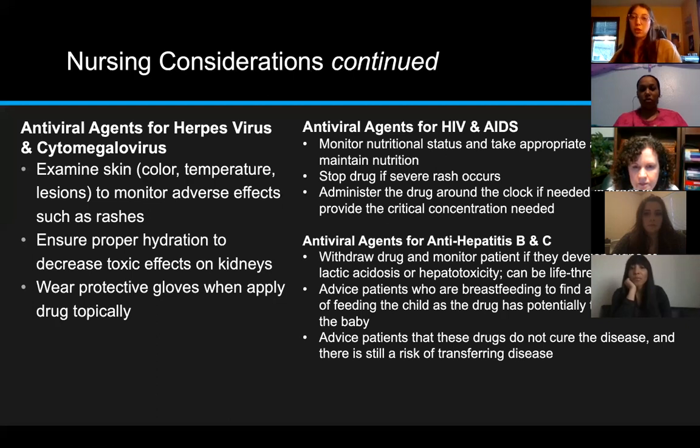Signs of this include a smelly, fruity breath, confusion, jaundice, trouble breathing, and exhaustion. Also advise your patient, if they are breastfeeding or plan on breastfeeding, that they will need to find another source of feeding their child while taking this medication. The last consideration for hepatitis B and C is that this antiviral medication does not cure the disease, and there is still a possibility of transferring the disease.